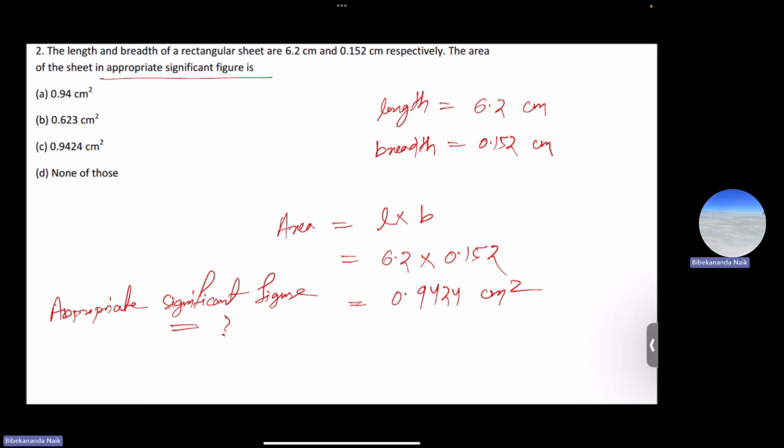So for 6.2 it has two significant figures, for 0.152 it has three significant figures. So 2 is the minimum. So in order to have the appropriate significant figure, the result should have the minimum significant figures, that is 2 significant figures.